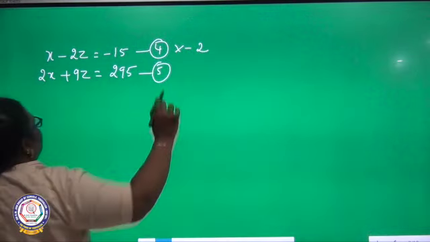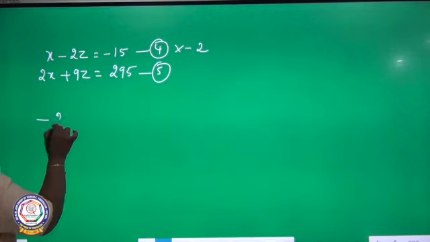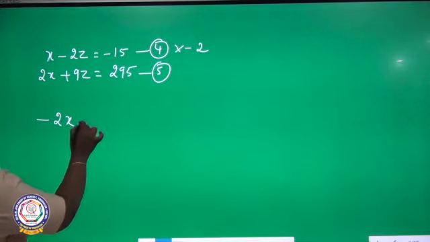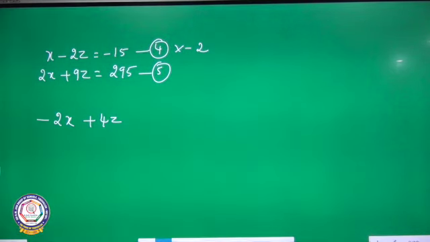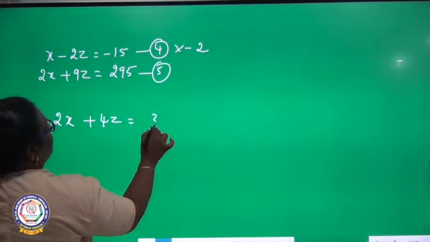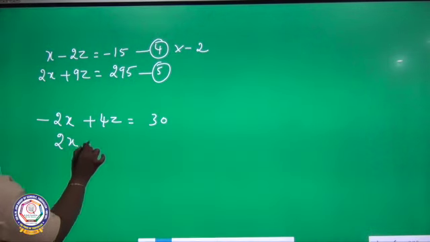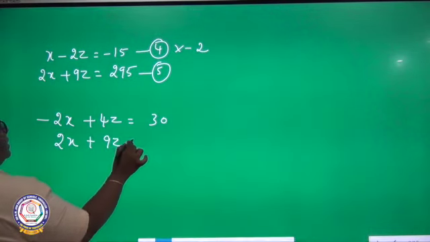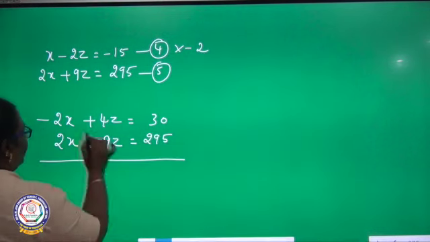So in the fourth equation, I can multiply by minus 2. What is the equation I am getting? Minus 2x plus 4z equal to 30. Here, 2x plus 9z equal to 295.